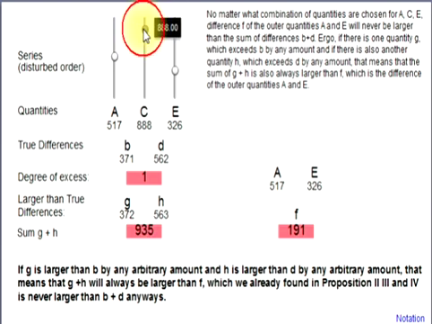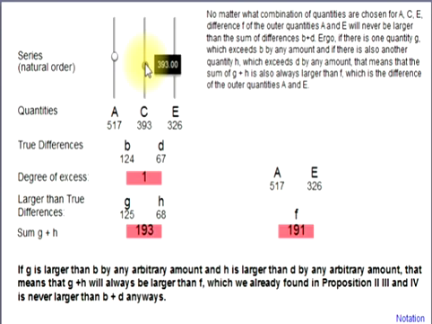Whereas when I'm in the range of the natural order, meaning my middle element is in between the values of the outer elements, then if I move around in this range, the sum of all differences, plus the degree of excess for both these true differences, is not going to change.